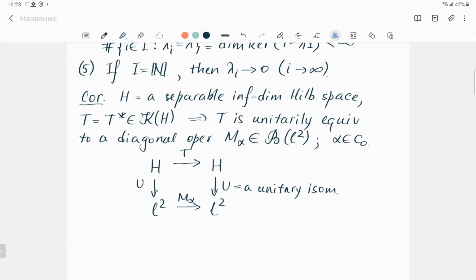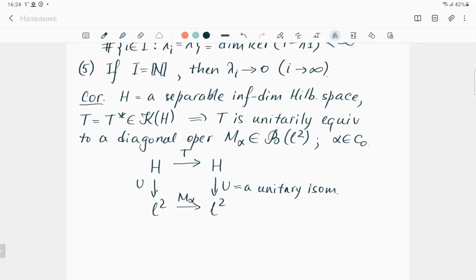So this result, the Hilbert-Schmidt theorem and its corollaries, is very important. It has numerous applications, not only in functional analysis, but also in neighboring fields, like differential equations. For example, for the famous Sturm-Liouville problem, it's very convenient to use the Hilbert-Schmidt theorem to understand the behavior of solutions.